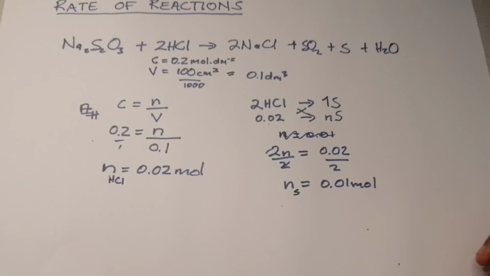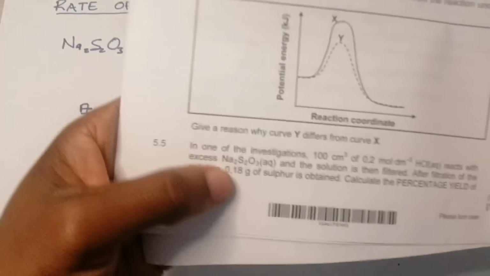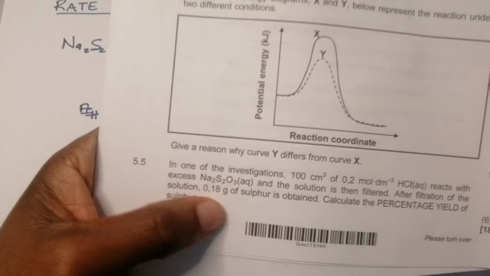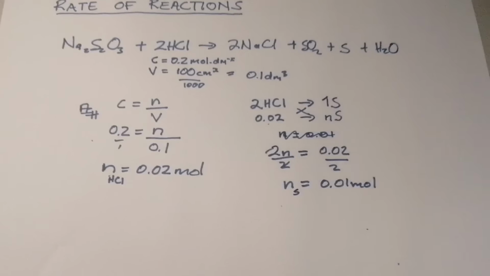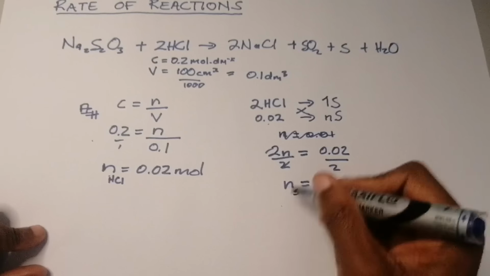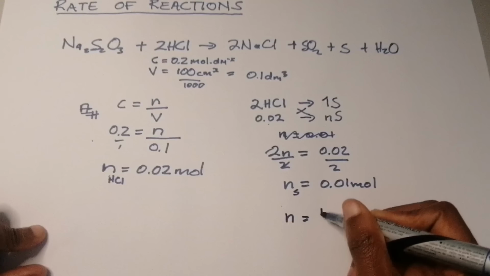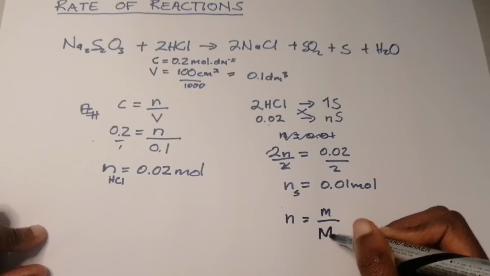Because remember, in my question, they had given me the mass of sulfur, 0.18 grams there, the actual yield. So now, how am I going to get that theoretical yield? Now I've got the number of moles of sulfur. I know that number of moles is mass divided by molar mass.